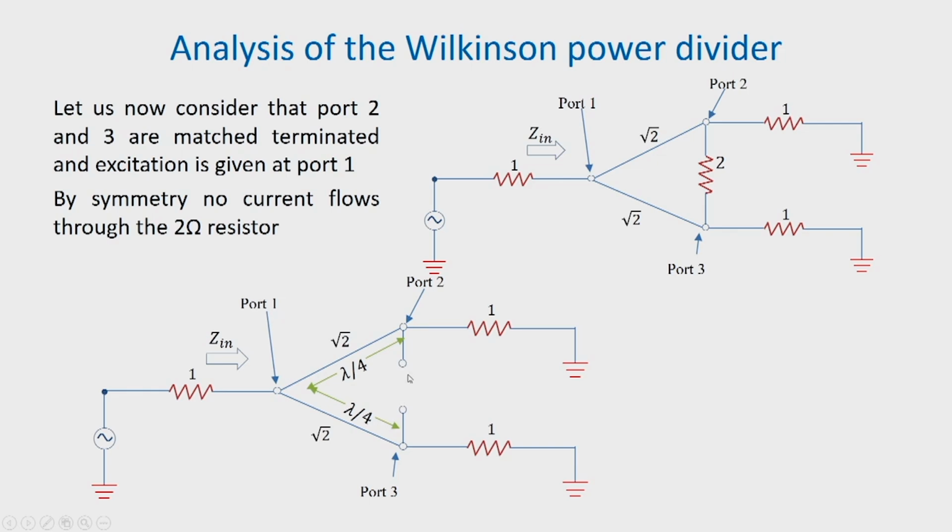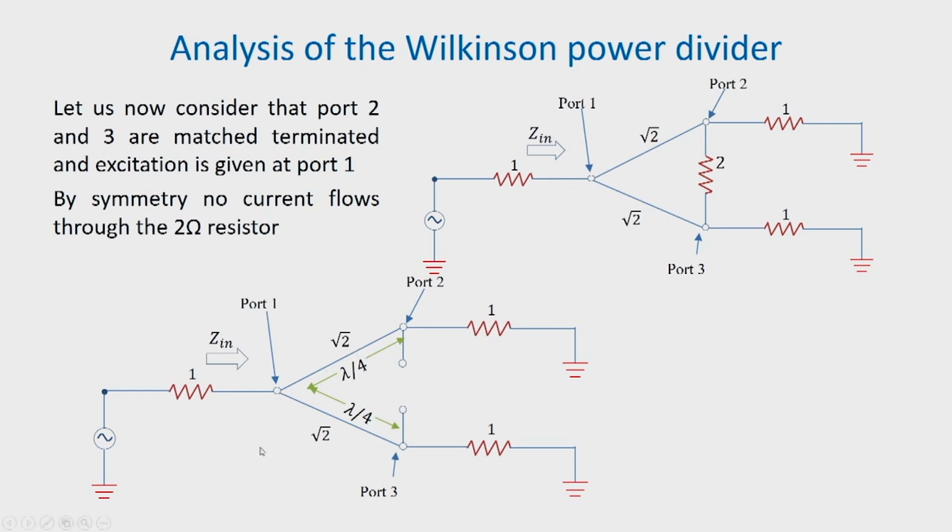And now we can find out Zin at port 1. So, Zin at port 1 can be calculated like this. This one will be transformed to port 1 by this quarter wavelength transformer of characteristic impedance Z equal to root 2 to a value which is root 2 square by 1, that means 2. Similarly, this 1 ohm resistance also will be transformed by this quarter wave transformer to a value 2.